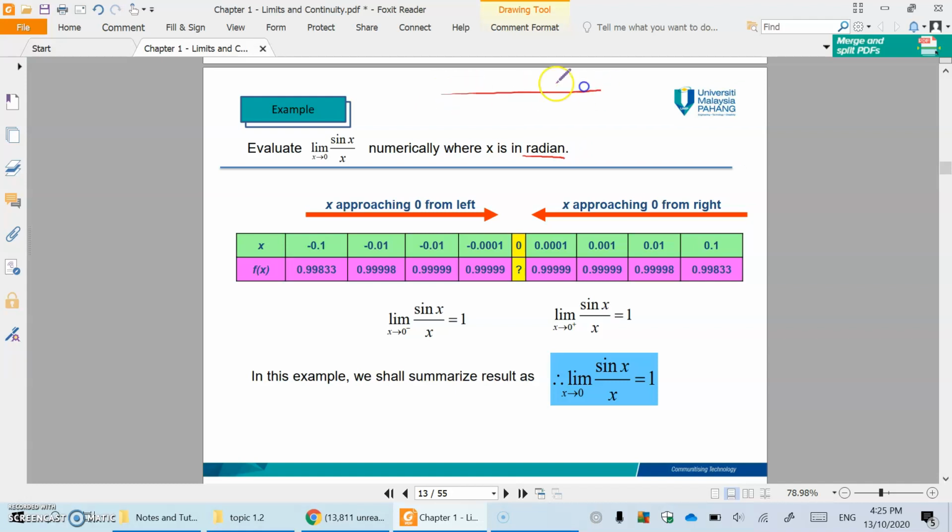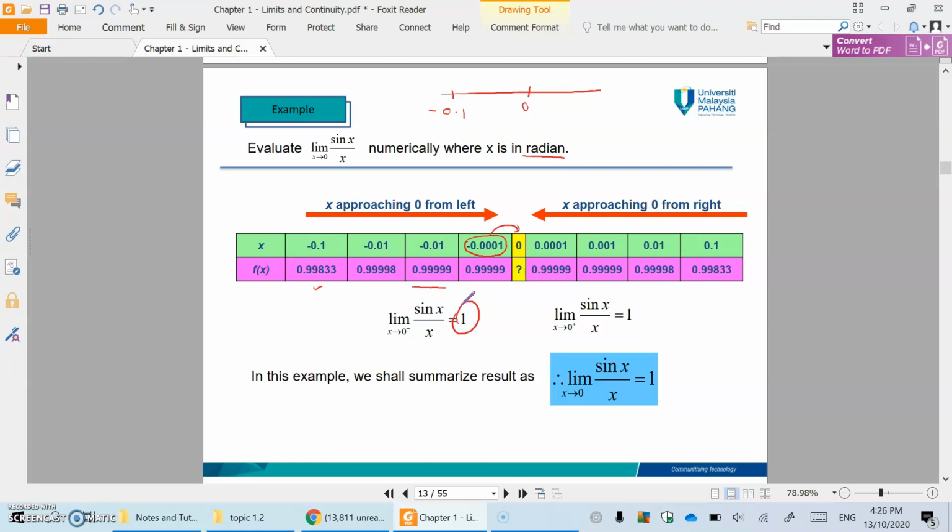Approaching 0, let's say this is 0, we may start from the left, say negative 0.1, moving forward, we have 0.99833, 0.998, until 0.999, then for negative 0.0001, 0.9999. We are expecting that approaching 0, it will be 1 if we calculate from the left.